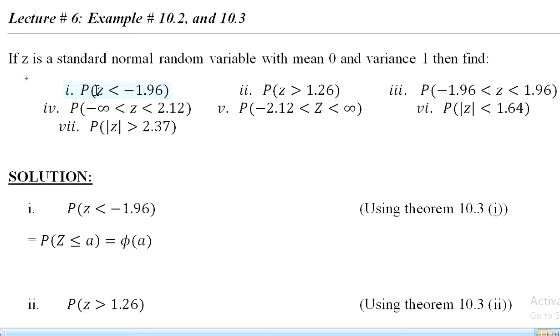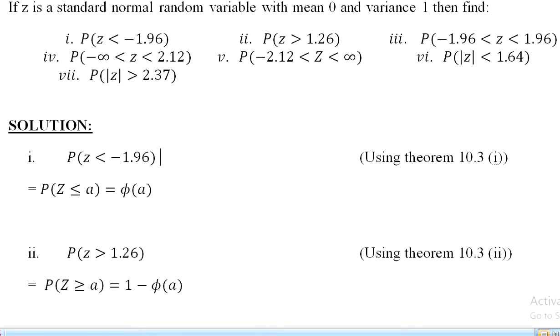Now, in this lecture, we are talking about the cumulative distribution or the cumulative probability. So if you have a standard normal random variable Z and you want to find the probability that Z is less than minus 1.96, that is the first part of the question.